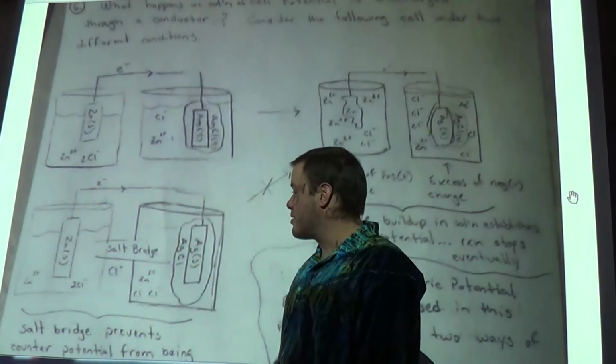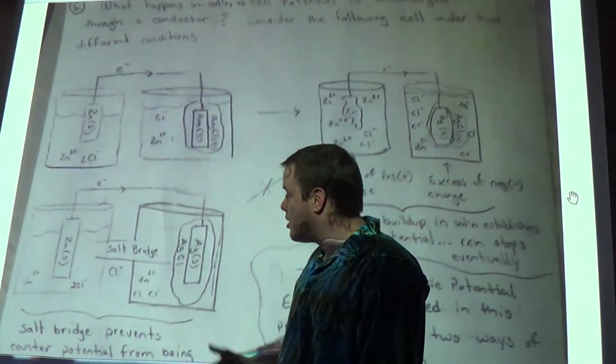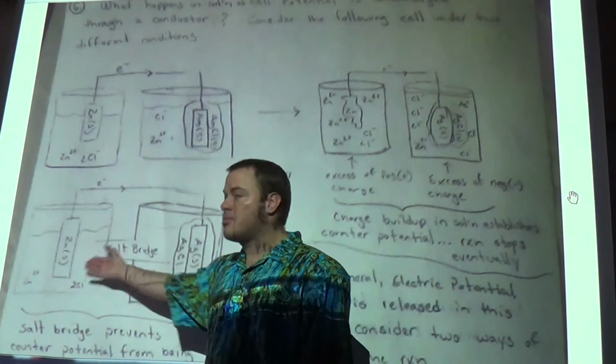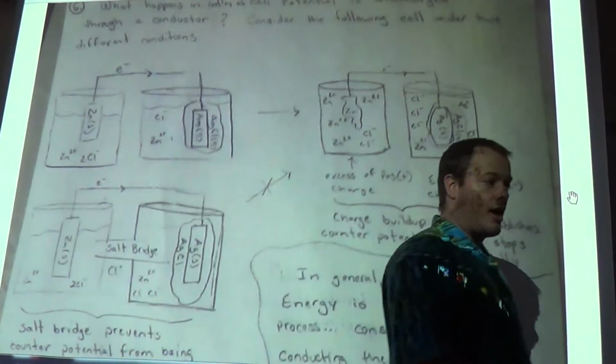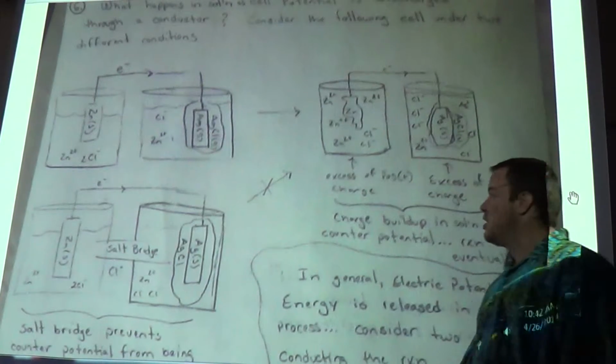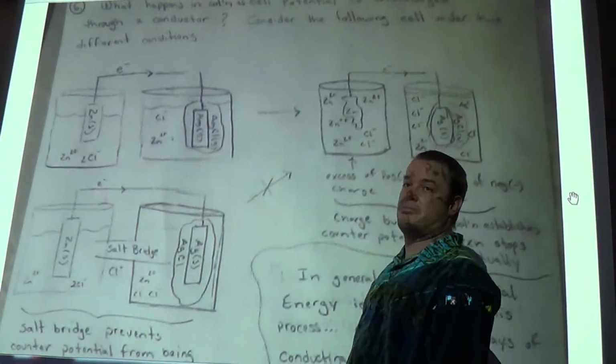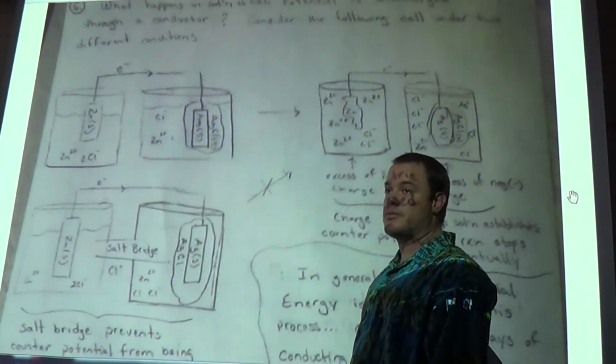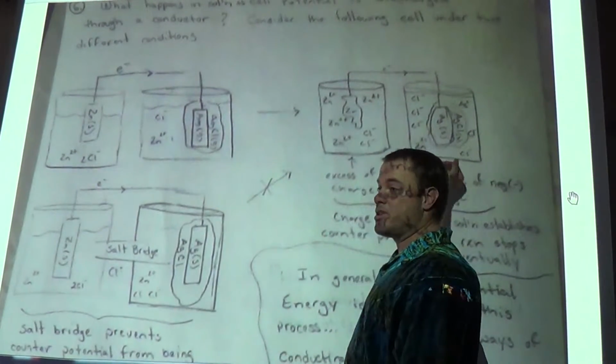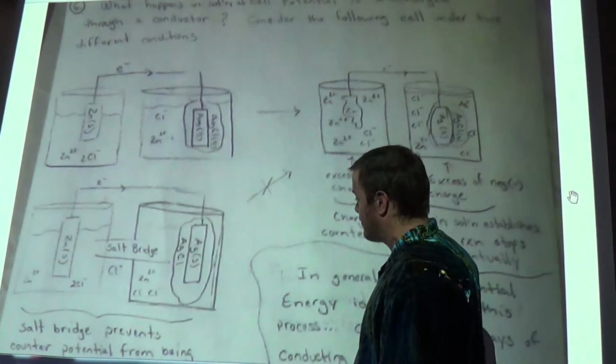So to prevent this, we provide a salt bridge. A salt bridge essentially allows the appropriate ions to travel into the appropriate compartment to keep the reverse potential from being established.